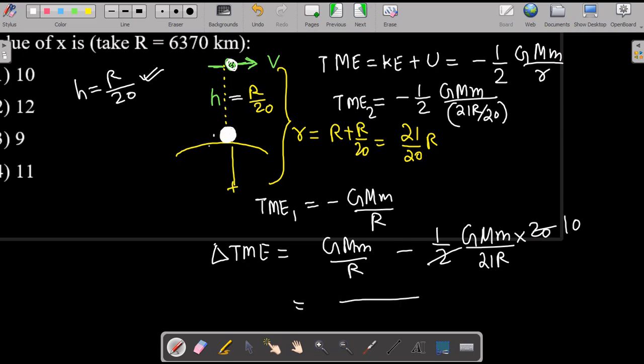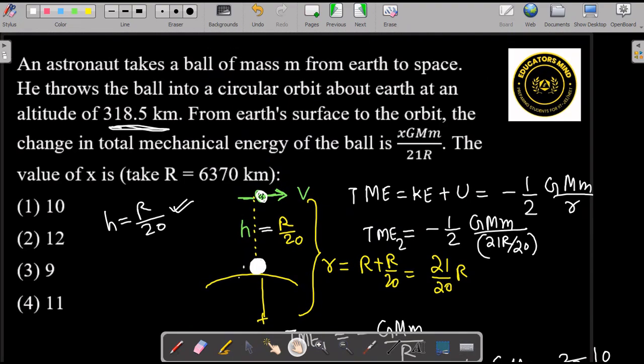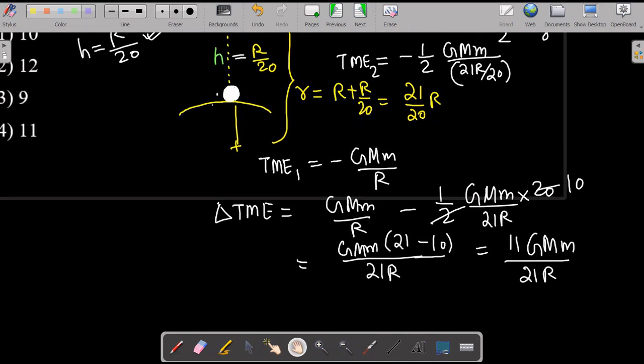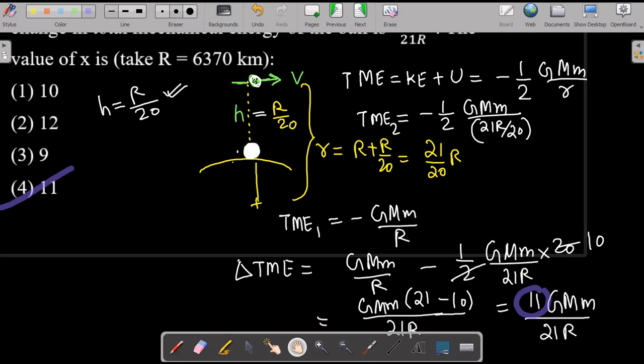So take LCM, 21R, GMm can be taken common, 21 minus 10. So that means 11 GMm by 21R. Okay, let's check the option. The factor X we need to find out. So this X is definitely 11 here, right? This X factor is 11. That's the answer. Okay, let's move to the next.